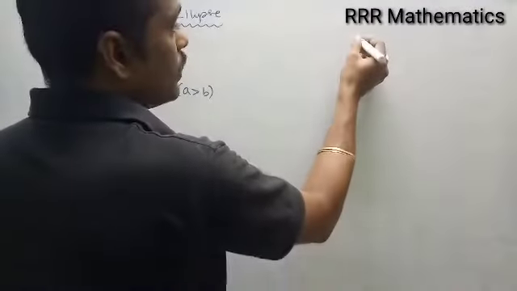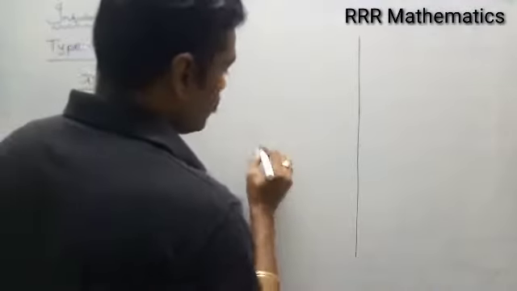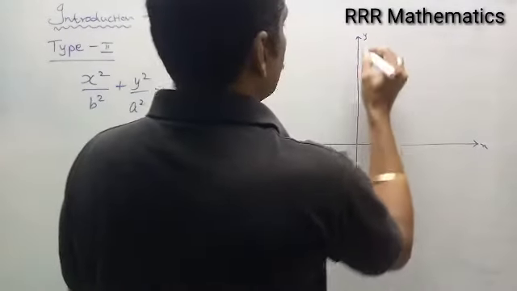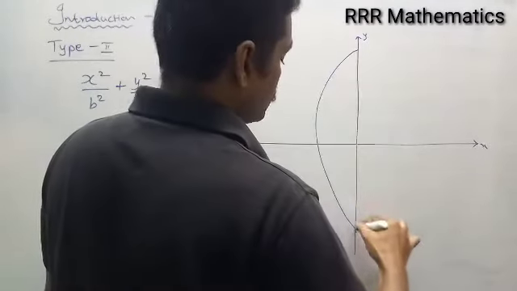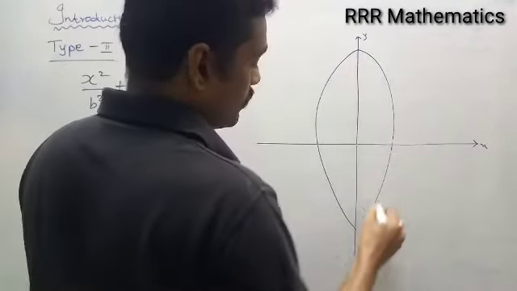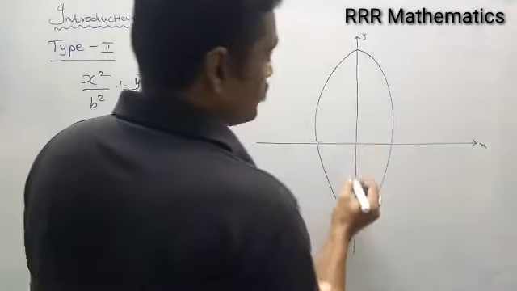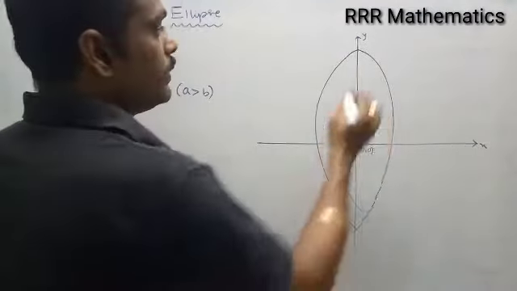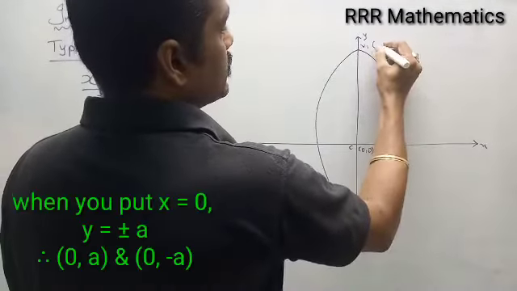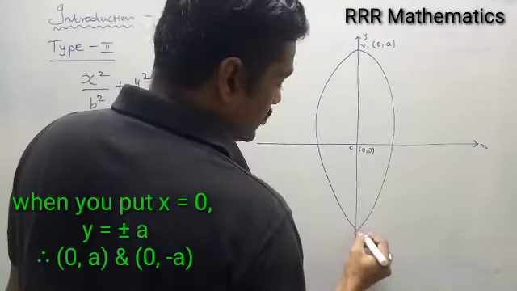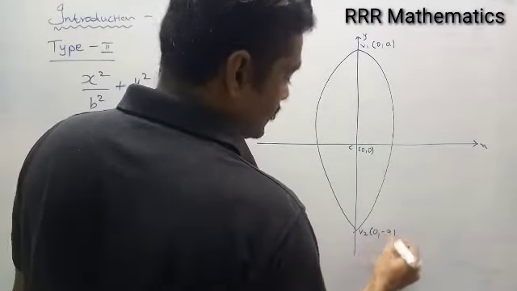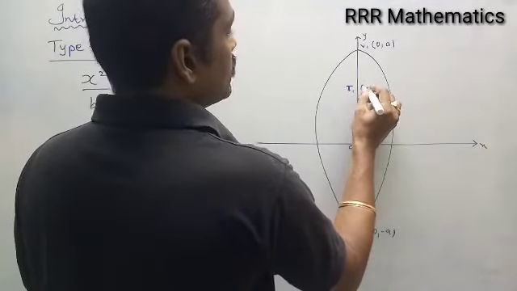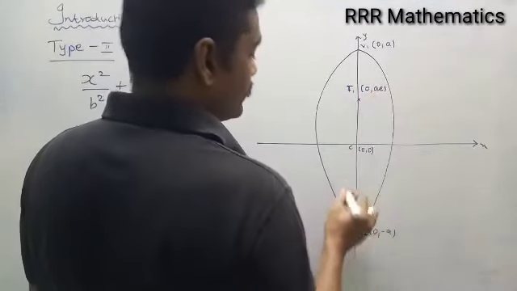So, you want to draw an ellipse, in this case it will be like this. This is center 0, 0. This is vertex 0, a. And this is another vertex 0, minus a. This is focus 0, ae.